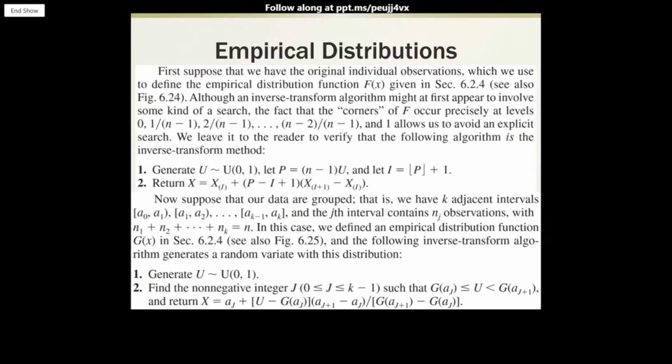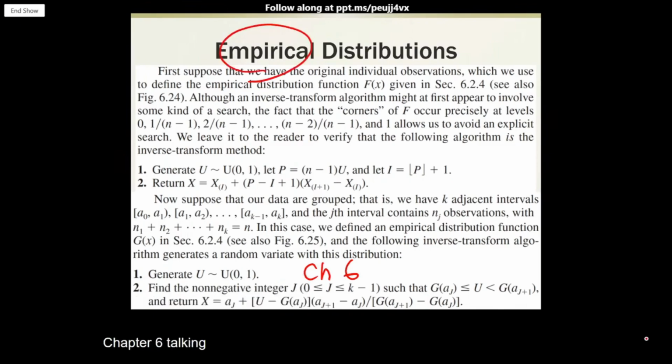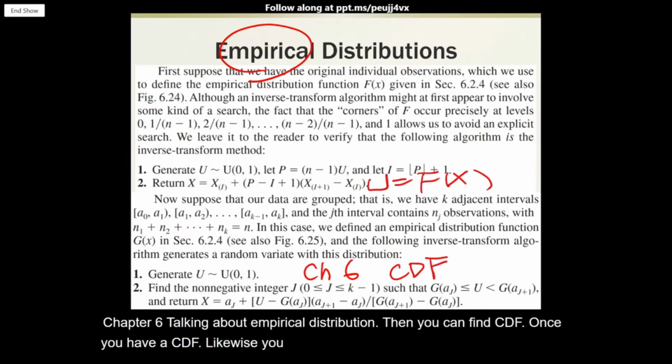So this one, actually, you can refer to chapter 6. Chapter 6 talking about empirical distribution. Then you can find the CDF. Once you have a CDF, likewise, you have the relationship. Set the CDF equal to U, and then you can solve the equation.